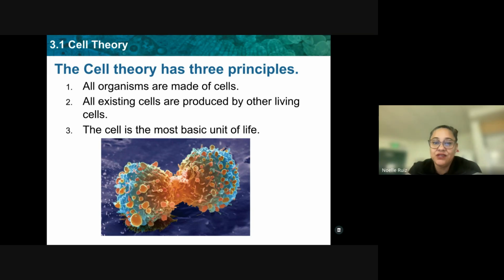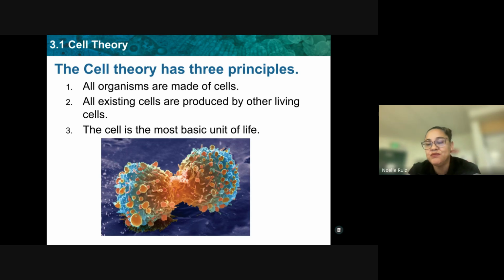All existing cells are produced by other living cells. Cells don't spontaneously generate out of nowhere. Once upon a time they did, and that's how we got living things in the first place, but that's a discussion and a lesson for a future chapter.